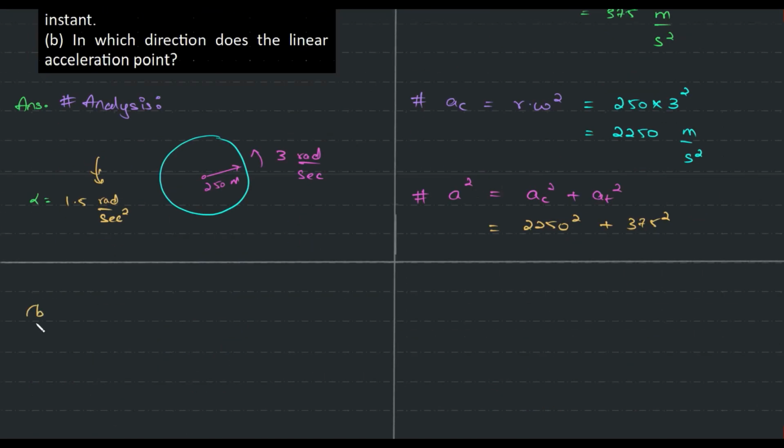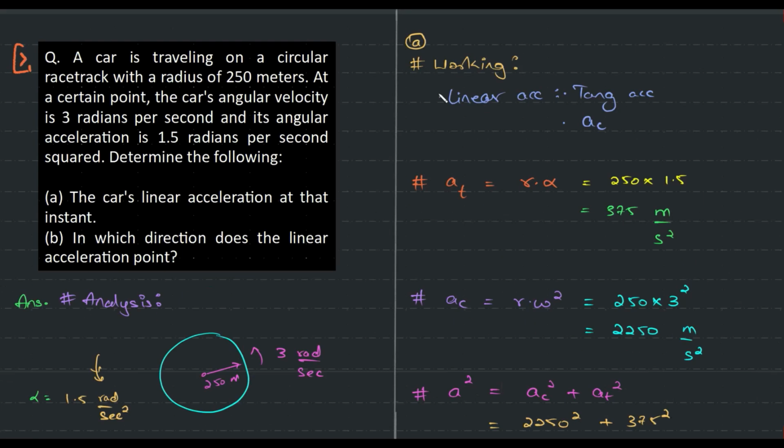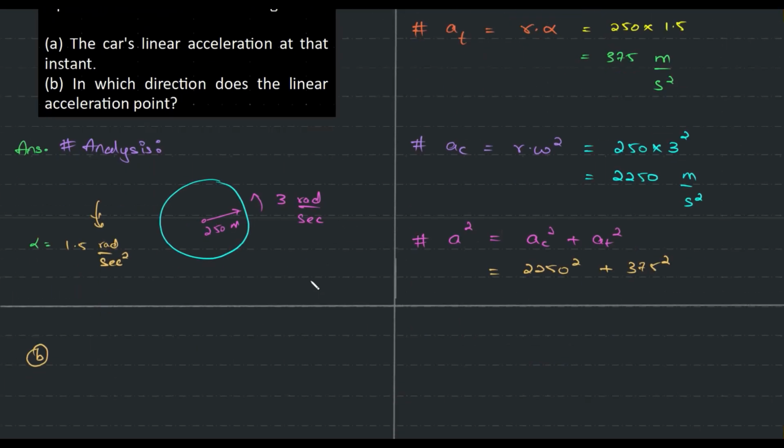Now your question B. In which direction does the linear acceleration point towards? It's quite simple. This is nothing but tan of theta, A_T by A_C. So A_C is pointing inward, and A_T is tangential to this.